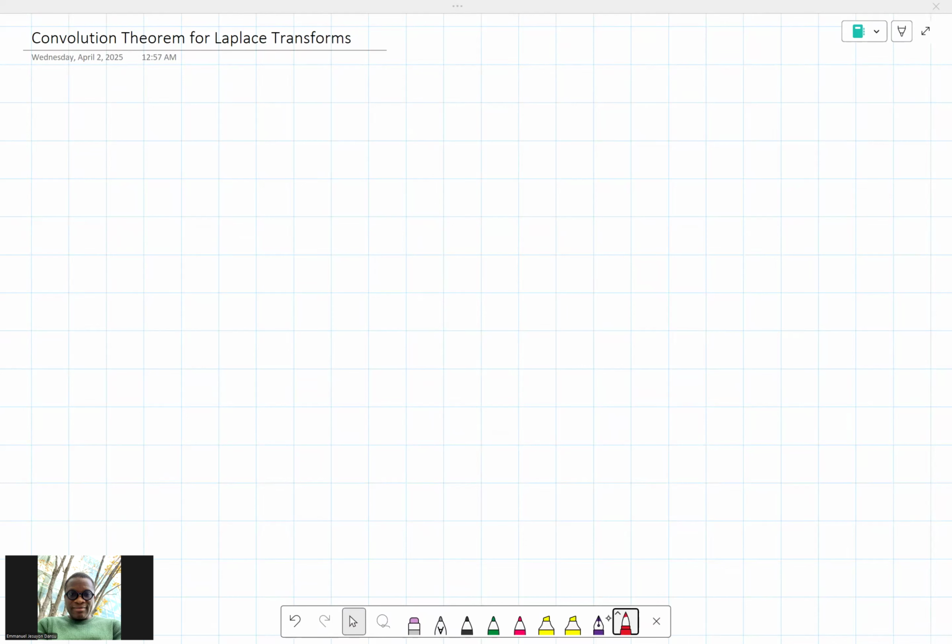In this video, we'll be talking about the convolution theorem for Laplace transforms. If you remember, earlier on we had talked about the convolution theorem for inverse Laplace transforms. So here we're talking about the proper convolution theorem, which will not take us all the way to the inverse Laplace transform.